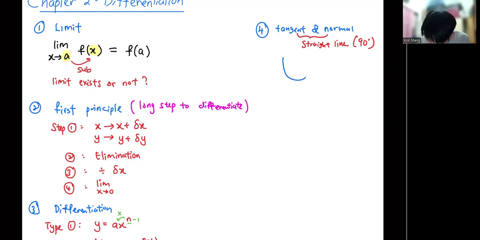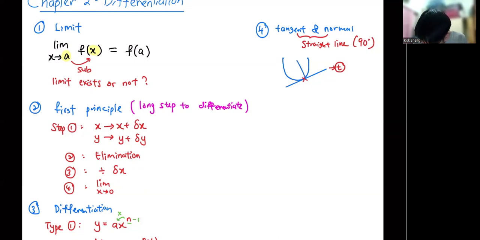So let's say you have a curve. The tangent touches one point. This is the tangent. For the normal, it touches the same point and it is 90 degrees, which is perpendicular to the tangent.